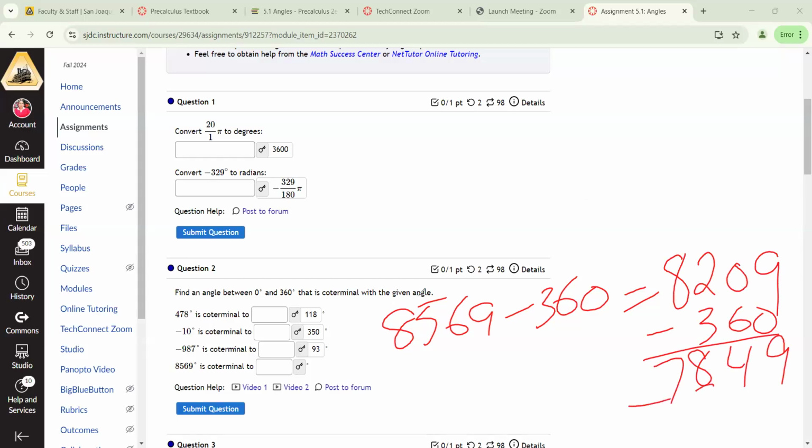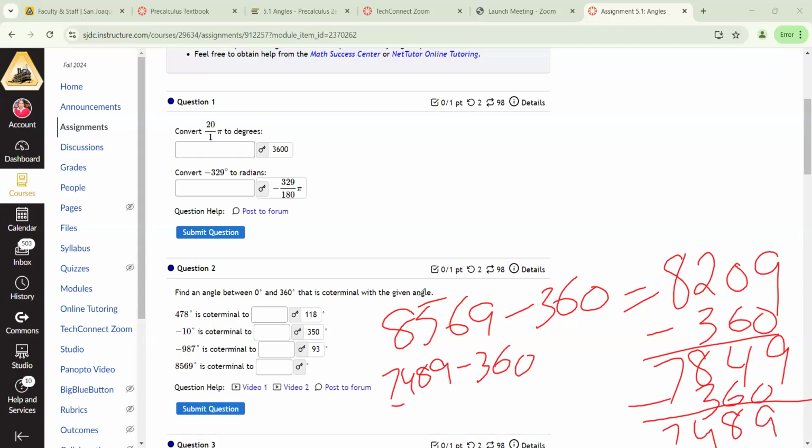Now again, I subtract 360. And when I do this subtraction now, I get 7,489. So I will still continue. So I have 7,489 minus 360 I would do.